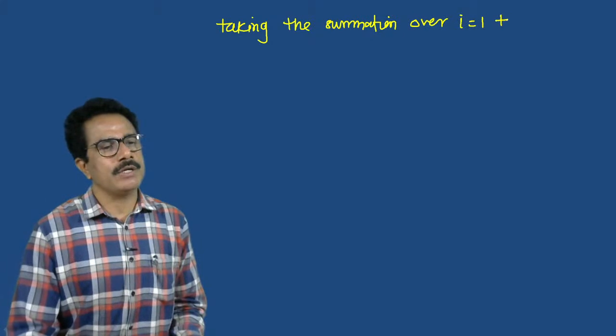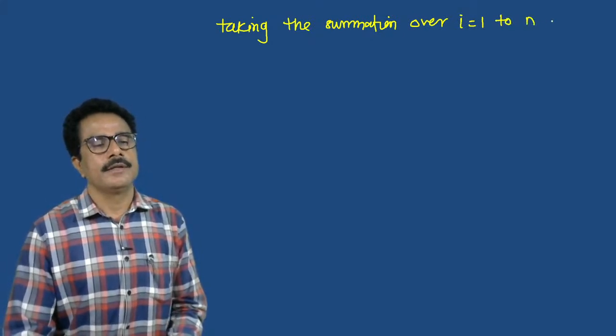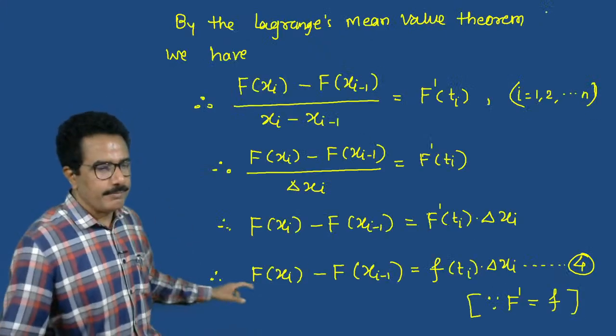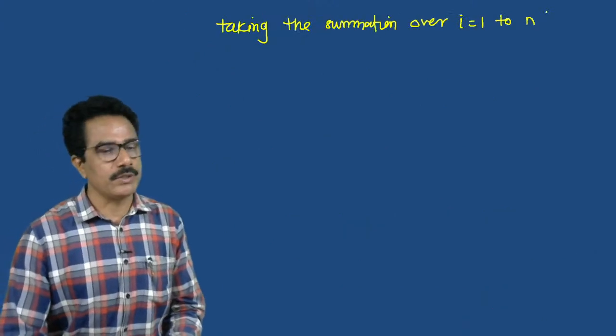Now see this. Now we take the summation over i equals 1 to n. So see this, here equation 4, we take the summation, i equals 1 to n.